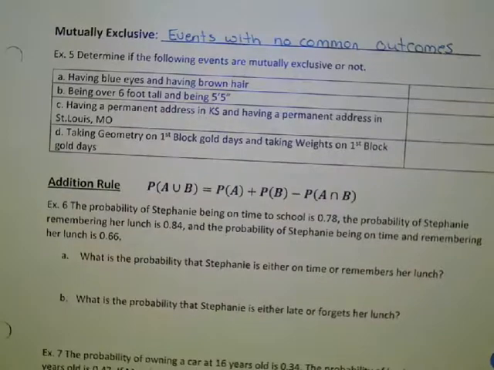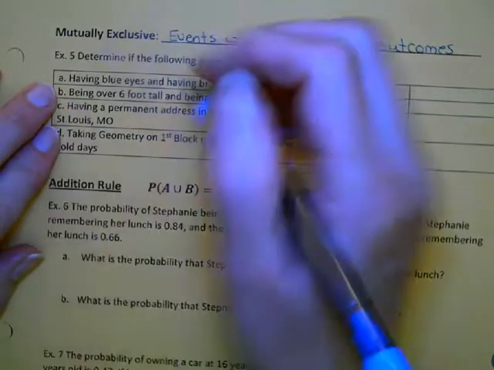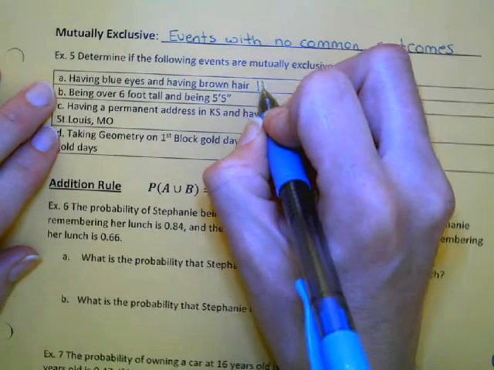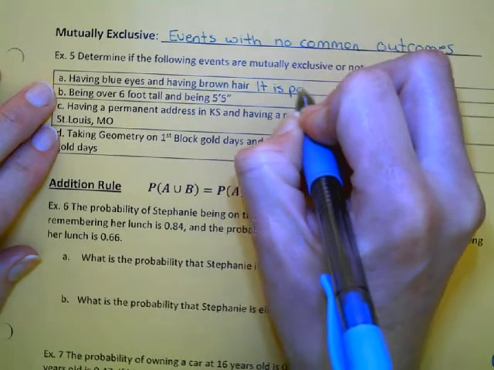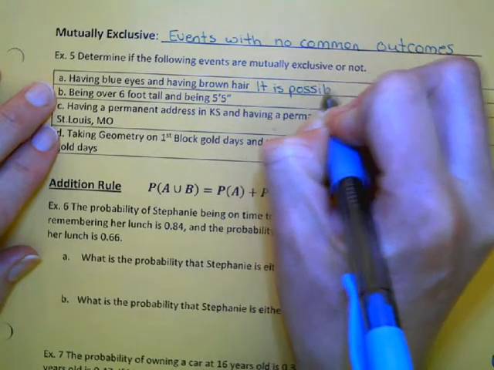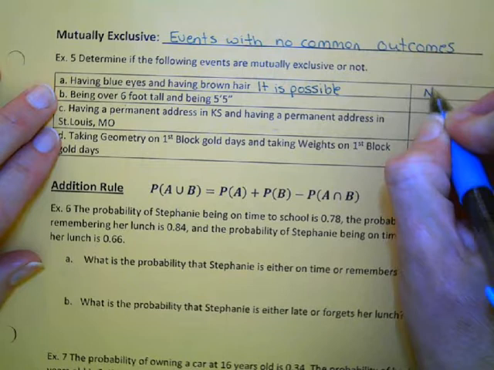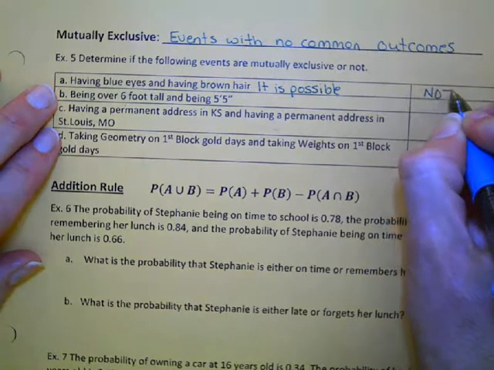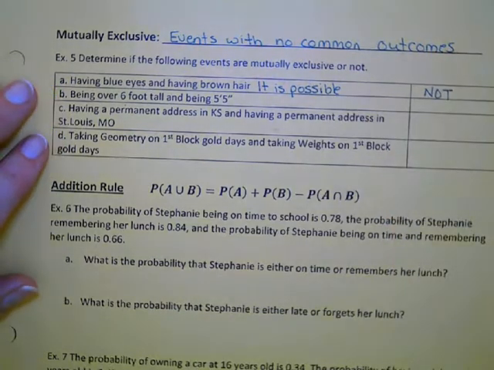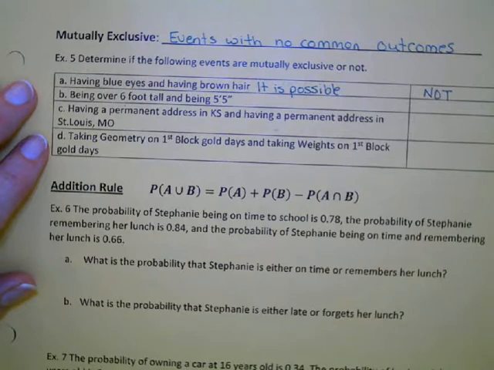For instance, having blue eyes and brown hair. It is possible. So if it is possible, it is not mutually exclusive. Okay? If it's not possible, then it's mutually exclusive. The two things cannot exist at the same time.